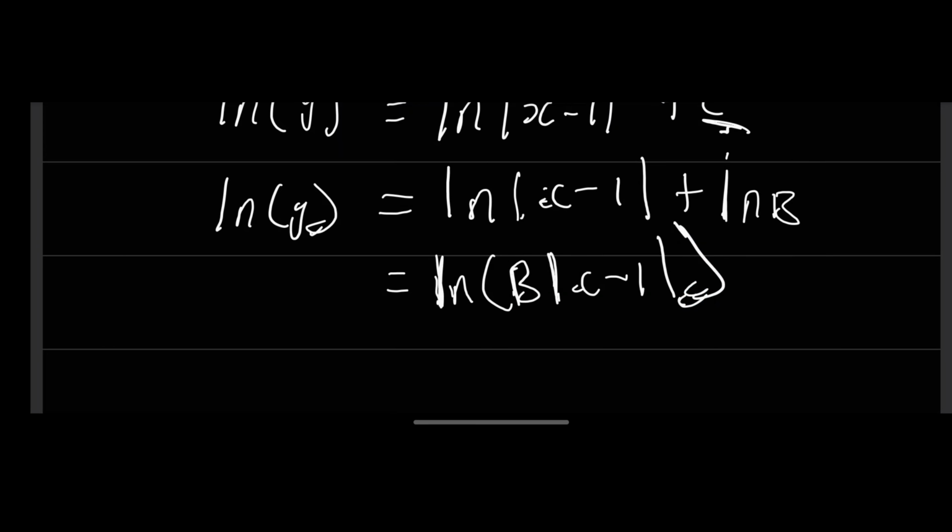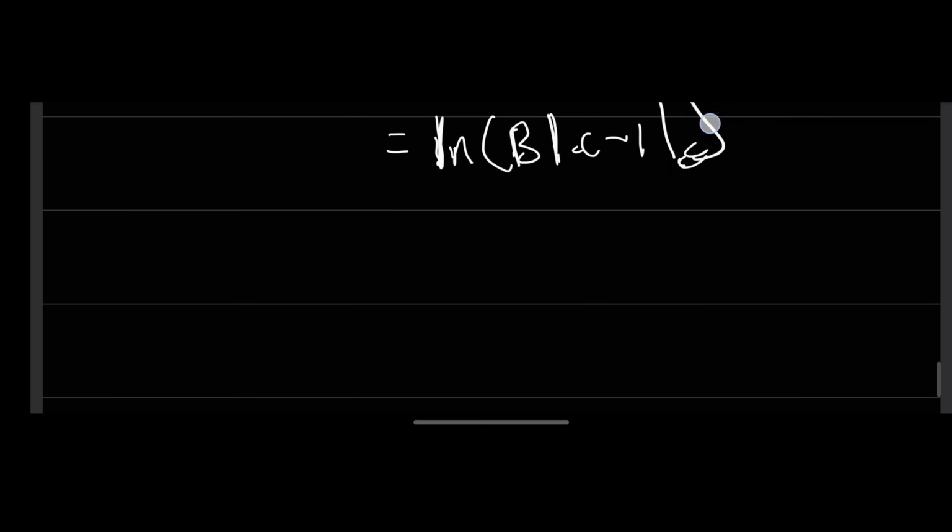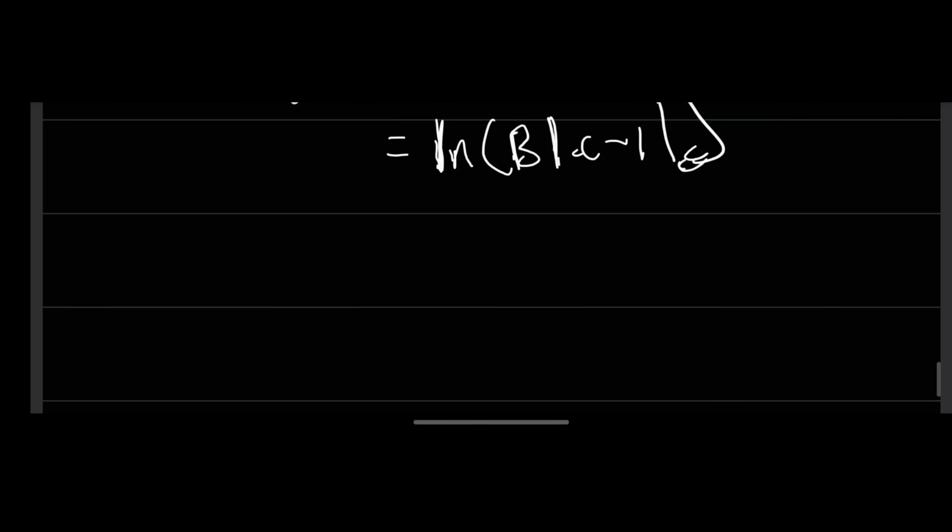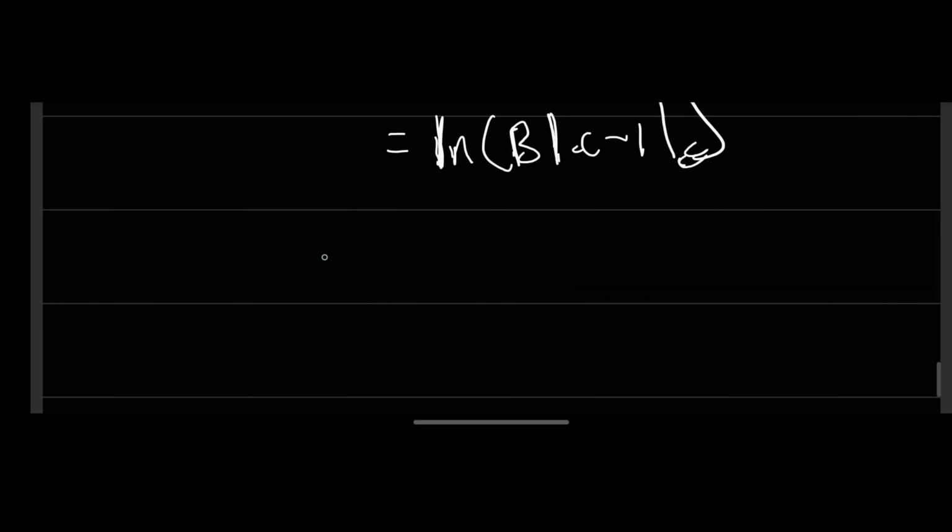Since when the logs are equal, the arguments in them are equal, we can conclude that y is equal to b times (x minus 1), where b is a constant. And that is the final general solution to number 5.